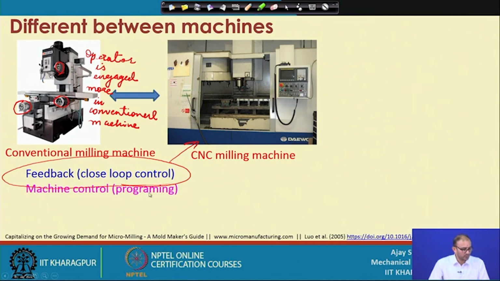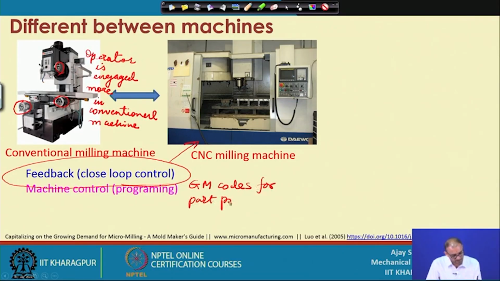We do not use any program there, whereas when operating a CNC milling machine, we go through G and M code, mostly known as G and M code, for the part program, correct.